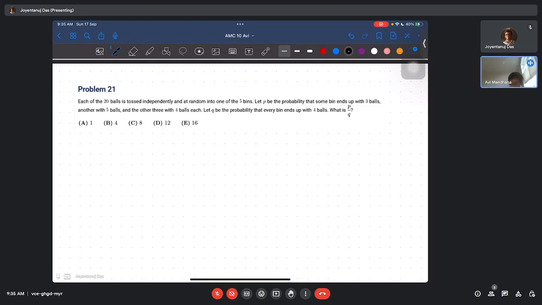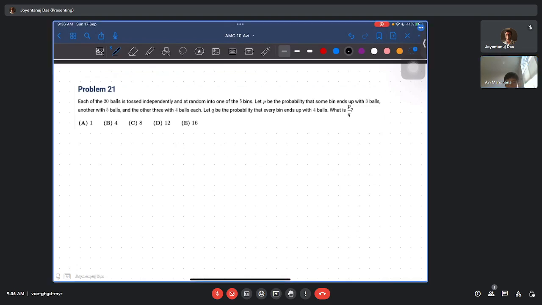I know, but wouldn't Q just be 1? Why will Q be one? Because every bin has to have 4 balls, so there's not really. Okay, but there are different ways how you can keep the balls, right? So then wouldn't Q be 5?